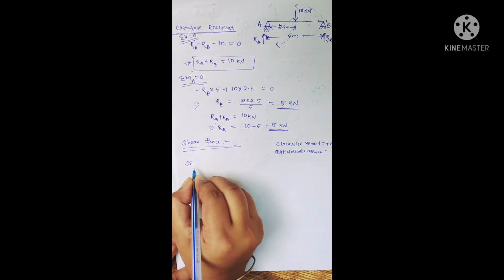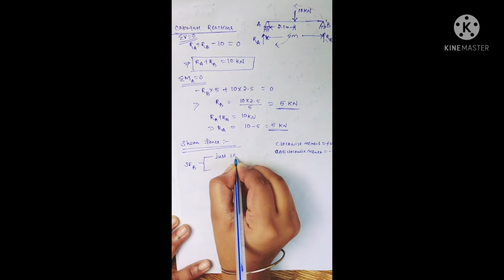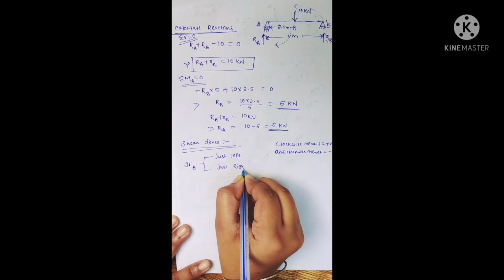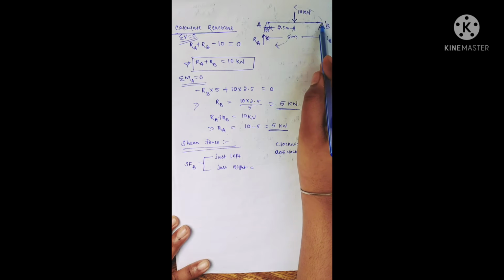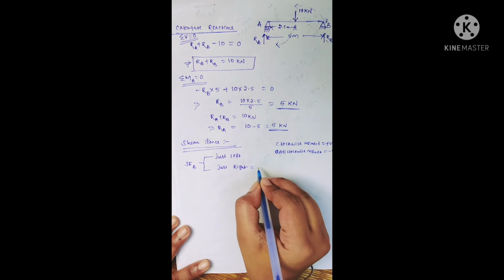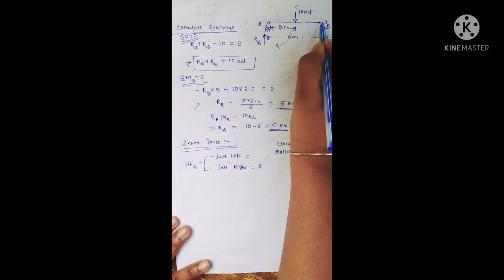Shear force at B, just right: this is the point B, and just right means this point. At this point no force is acting, so shear force equals 0. And just left means this point.